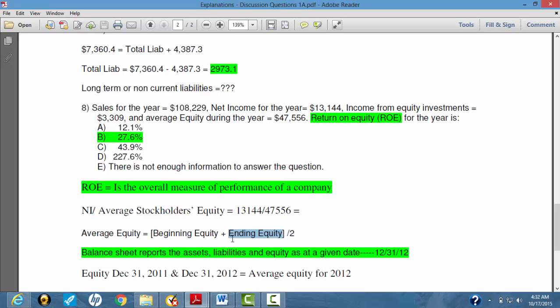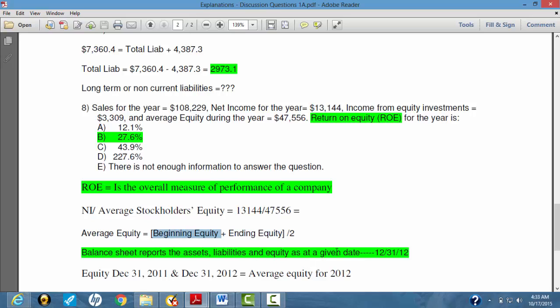So for example, for the year 2015, the shareholders' equity in the balance sheet will be the shareholders' equity balance, for example, on December 31, 2015, that day only. So it is important to rather calculate the average numbers for balance sheet accounts, because the average will represent the average performance or the average measure over the period. So beginning balance plus the end of period balance divided by 2.